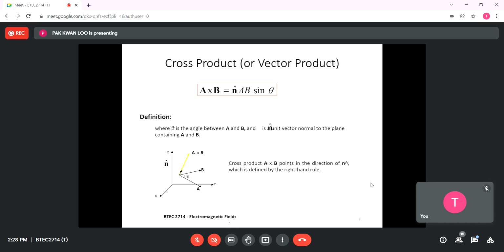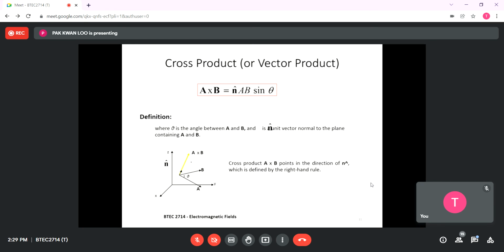Then we come to the cross product. We normally associate the cross product with the right hand rule, so you should use your right hand. Your thumb is the product vector, the vector product, the cross product, and then your four fingers.